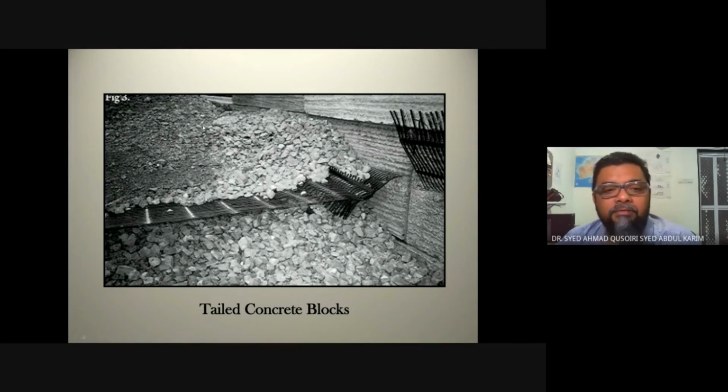And then when they fill up that area with granular material, you can see this is the filling material. This granular material will hold that geogrid in its place. That geogrid will further hold this concrete block in its place. Okay, same principle, only with different materials as the tail and as the retaining wall.